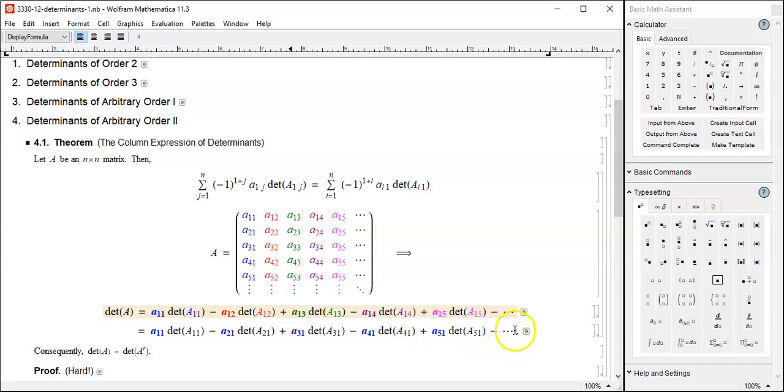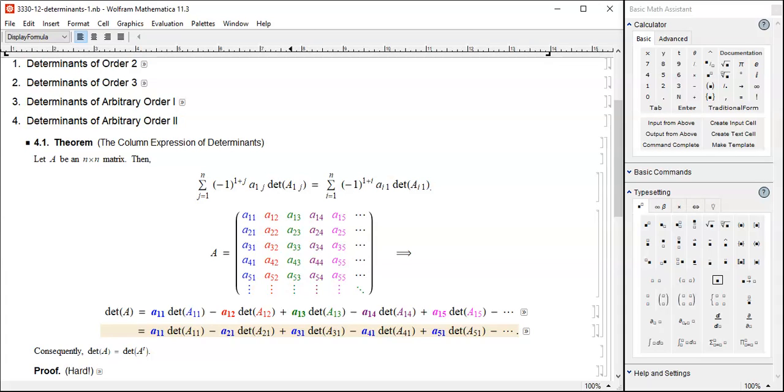The second line comes from the column: A11, A21, A31, A41, all those blues. Because the focus here is a column expression, I use the same color through the column, all right? And then alternating sign, plus, minus, plus, minus, plus, minus, and the deleted matrices, A11, A21, A31, and so on and so forth.